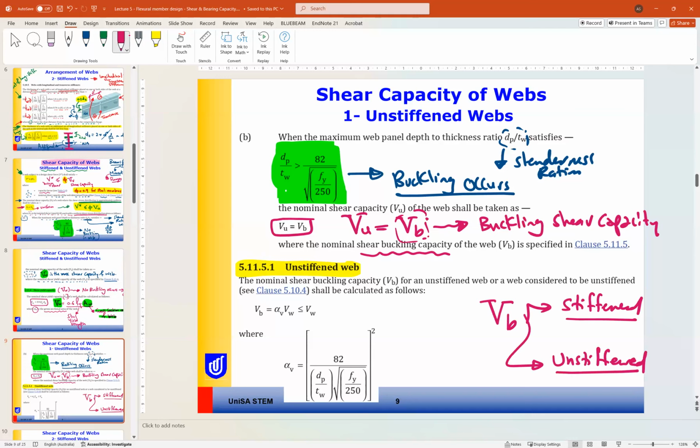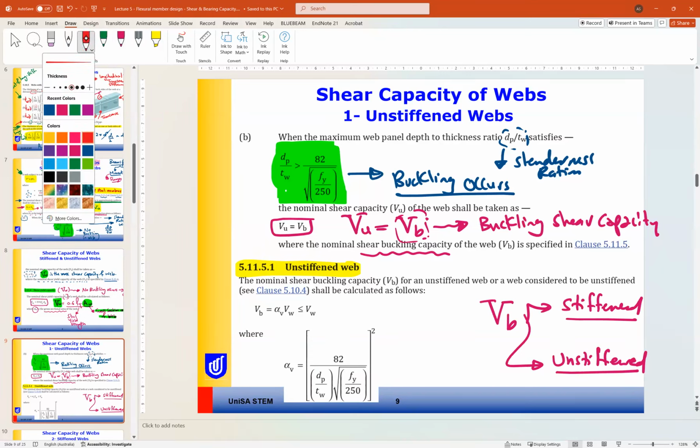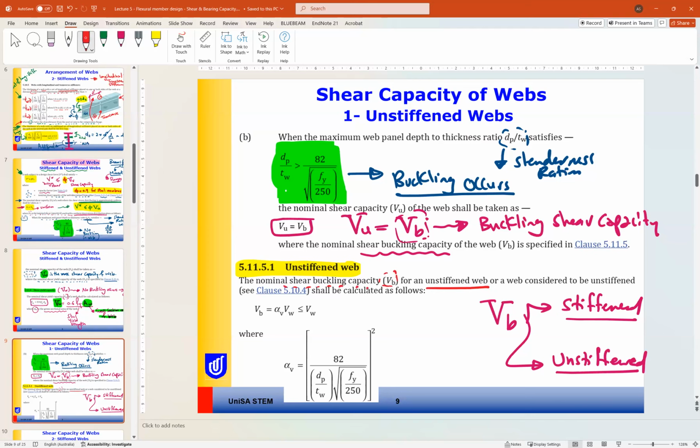Let's start with unstiffened. The buckling shear capacity for unstiffened web shall be calculated using the formula VB equals alpha V times VW, and should be less than VW.